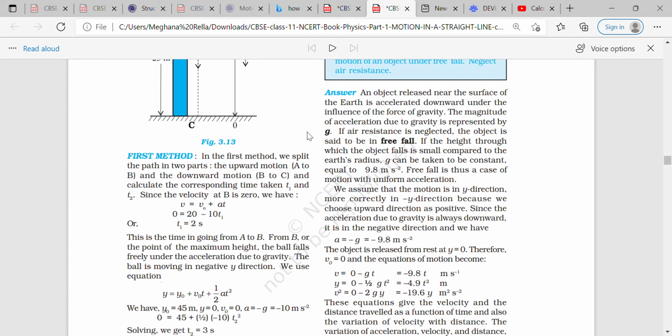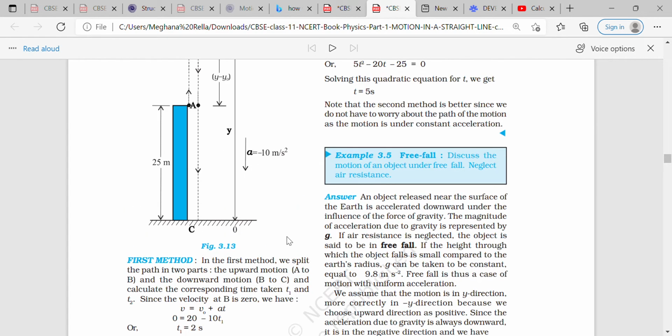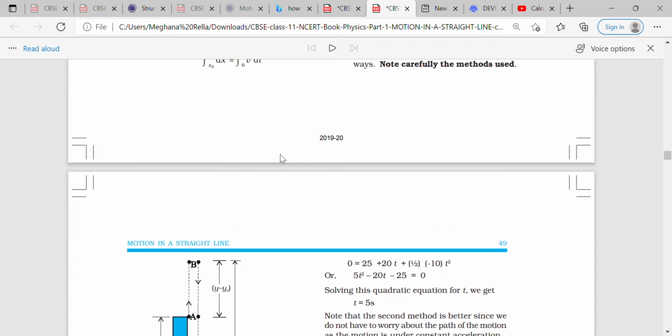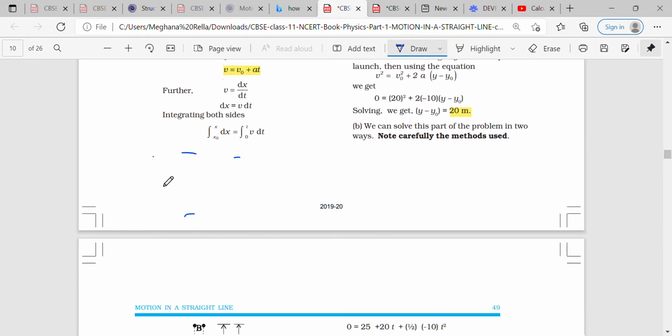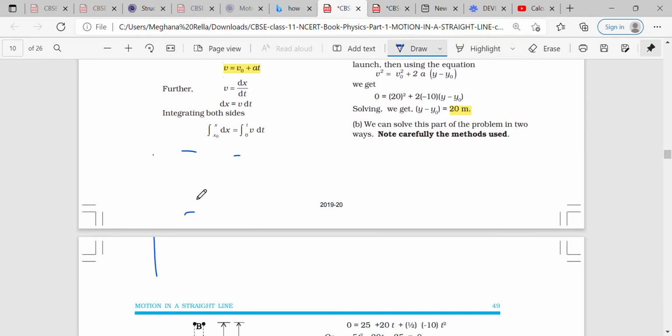And yeah, even if an object is going upwards, this is a very important thing I had to tell you guys. Even if an object is going upwards, even during this part, the retardation is 10 meter per second squared. The acceleration is minus 10.